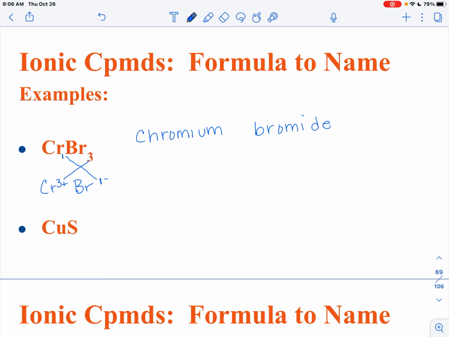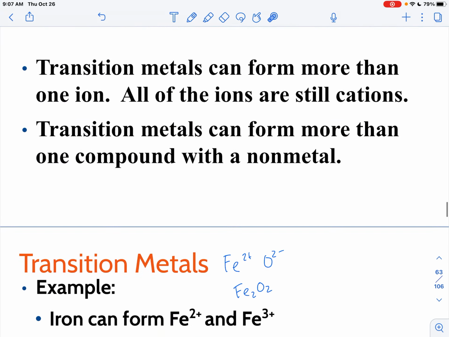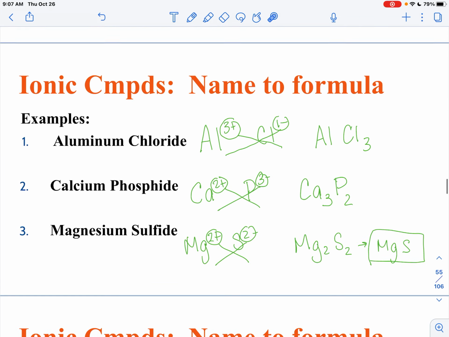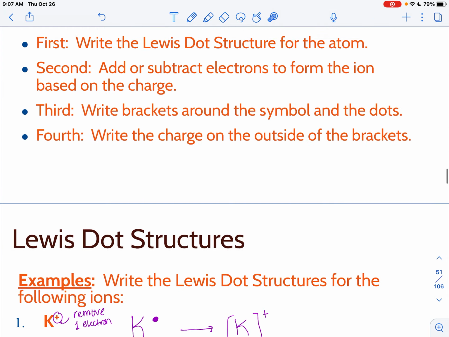Here is the important part of the reverse crisscross. You now need to make sure that your anion or your nonmetal has the correct charge. So here we have bromine with a 1 minus charge. If you look up bromine on your periodic table, you need to see what charge bromine has.